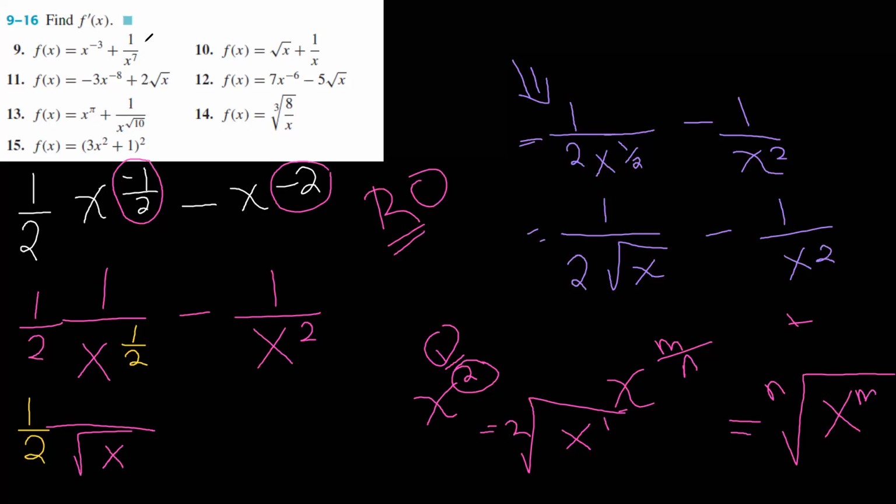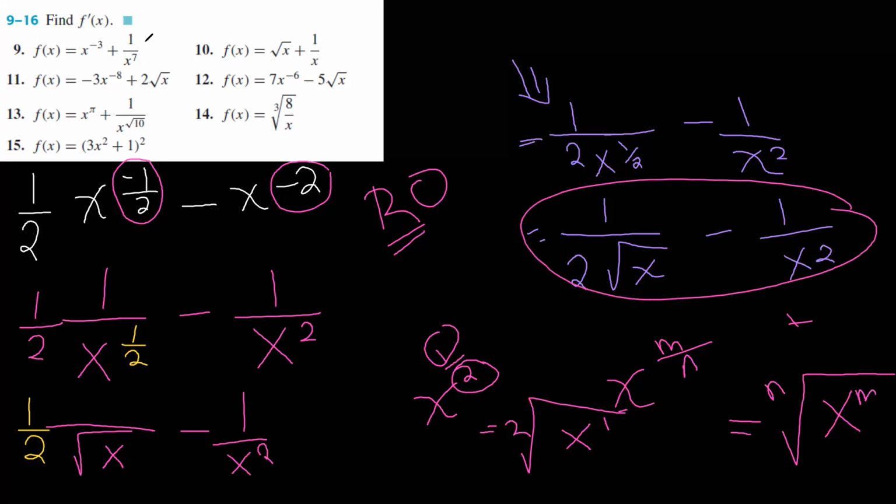Reciprocal of x is 1 over x, and opposite of negative 2 is 2. Minus 1 over x squared. So the answer here is 1 over 2 square root of x minus 1 over x squared. This will be f prime of x. Is it clear now? Yes. Okay.